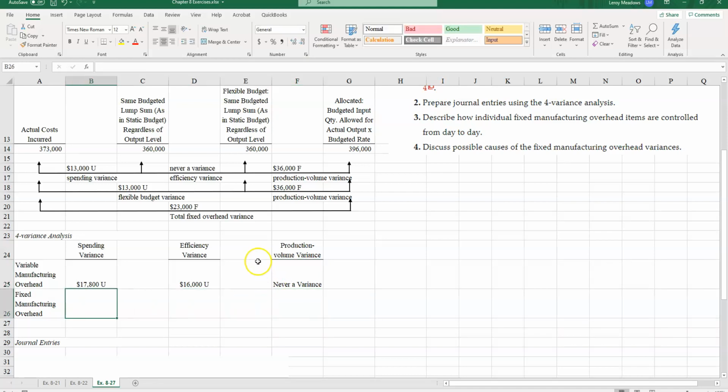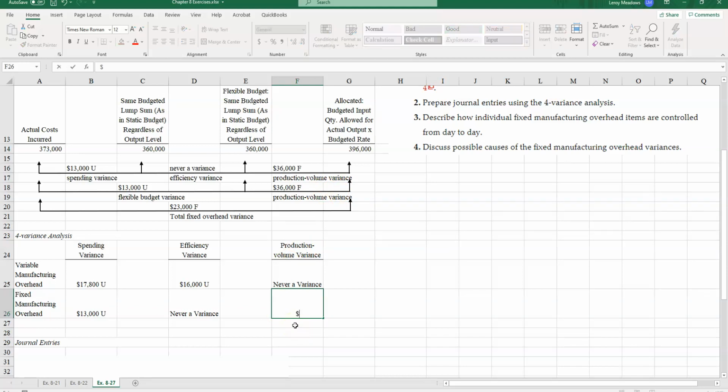Now let's take a look at our fixed overhead. Our fixed manufacturing overhead, what was my spending variance? We figured that right out here, $13,000. And that was unfavorable. Efficiency variance for fixed overhead, there's never an efficiency variance. And what was my production volume variance? I calculated up here, $36,000 favorable.